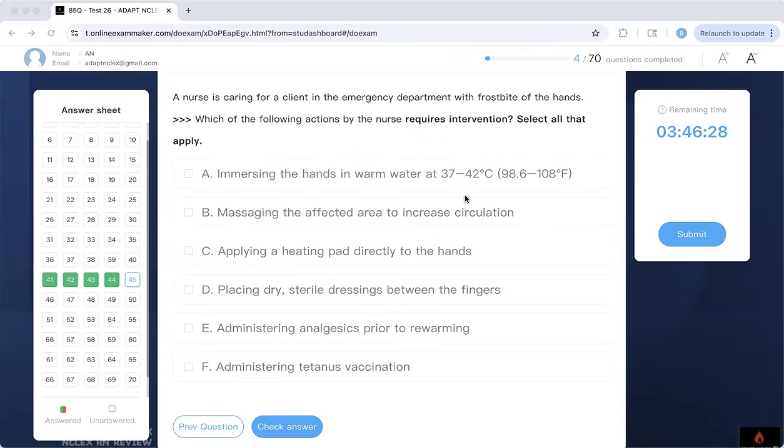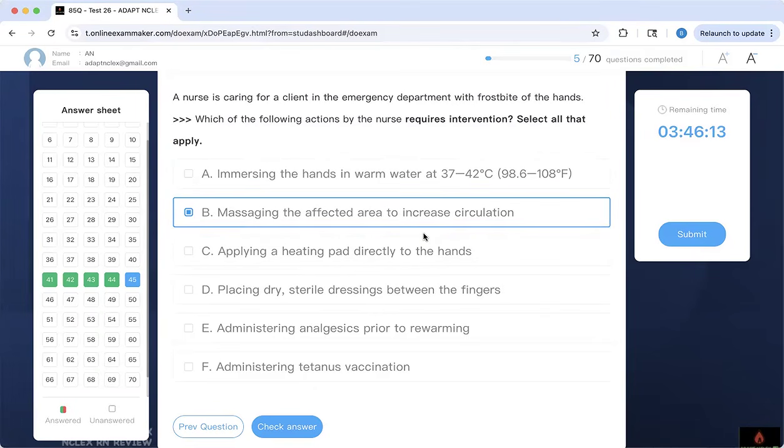You have freezing of cells and everything, and they look like they're having necrosis, tissue dying. Therefore, we've got to rewarm them quickly, and this is the temperature we use. If you massage the hand, you're breaking the tissue. That's a bad thing. Even though it's meant to increase circulation, the only thing that can increase circulation is rewarming.